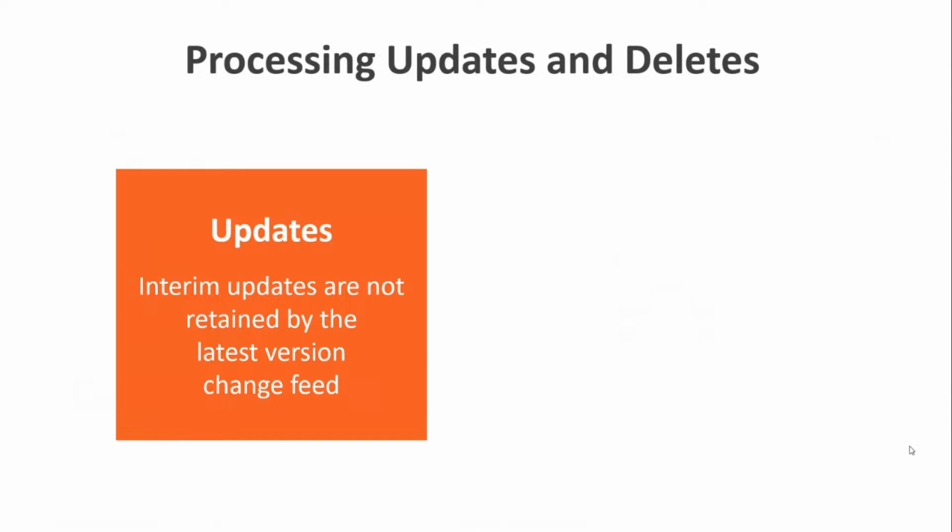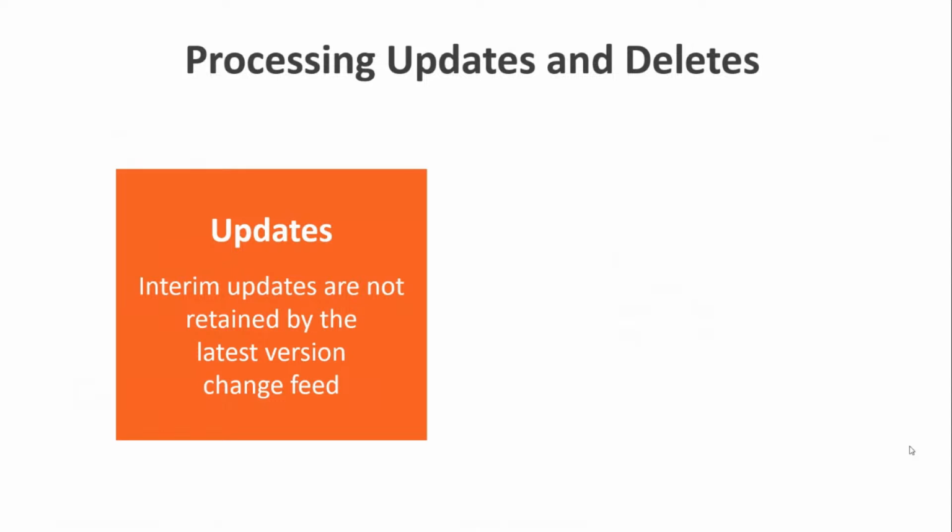Right. So, updates. It's important to realize that interim updates are not retained by what's now called the latest version change feed. This is the newest thing now. There's a latest version change feed, and there's a so-called full fidelity change feed.